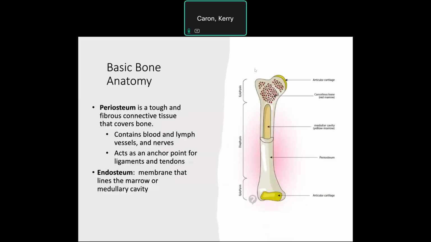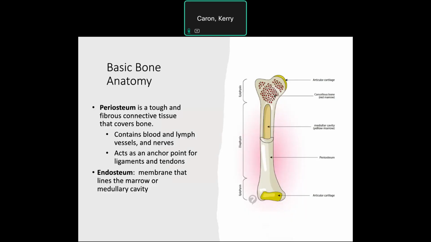Okay, the layers of the bone. So peri means around, and the periosteum is the outermost layer. It's tough, it's fibrous, it covers the bone. And it contains the blood, lymph, and nerves. It acts as an anchor point for ligaments and tendons. And we'll get to this in a second, but ligaments connect bone to bone. Tendons connect bone to muscle.